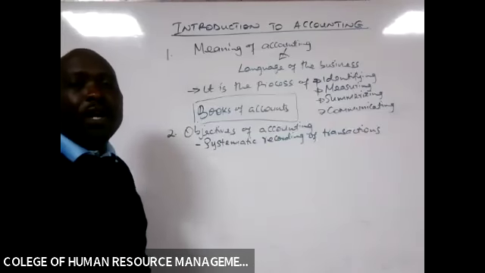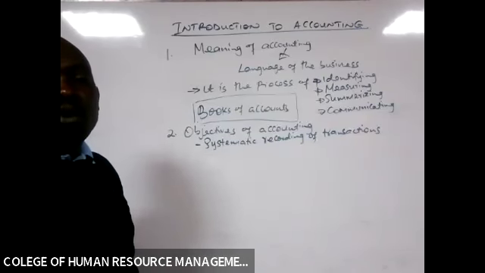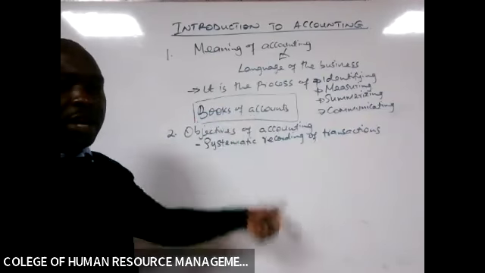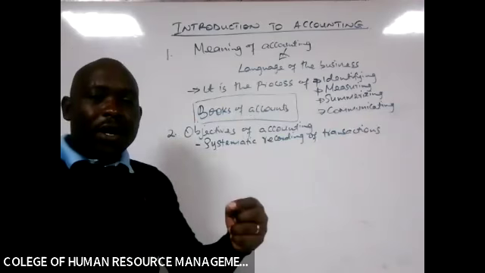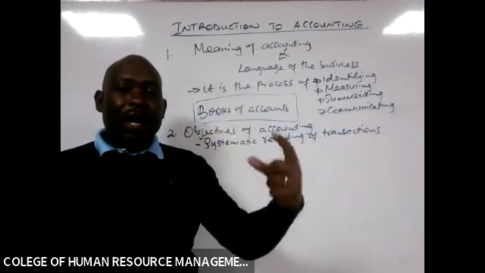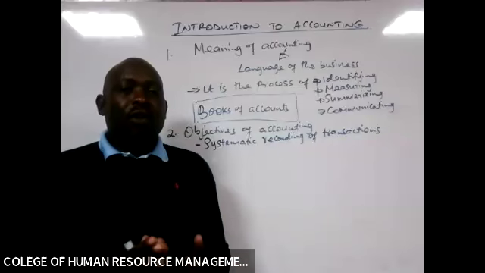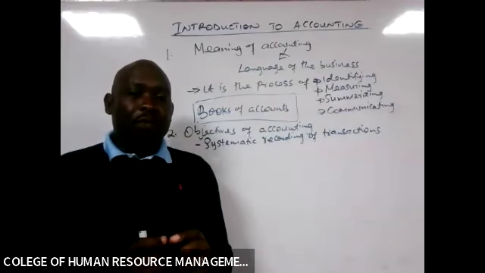Sometimes we call them the financial reports, sometimes we call them the financial statements. These books of accounts or the financial statements, we have also agreed that they are normally prepared at the end of a financial year, which is a summary of all the transactions that have occurred in a particular financial year.